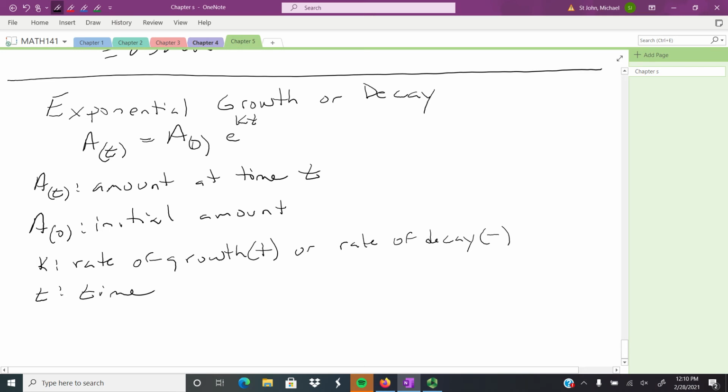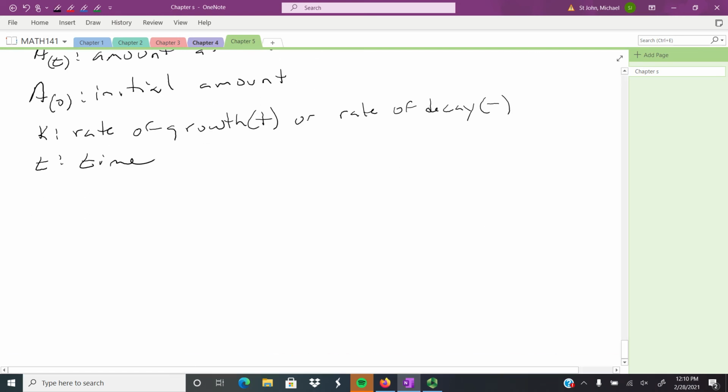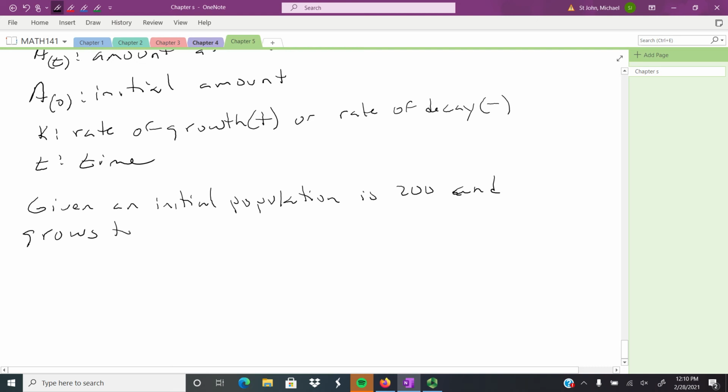So let's look at an example of how this would work. Given an initial population is 200 and grows to 247 after 8 hours.